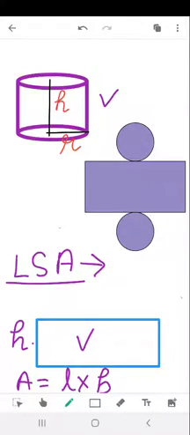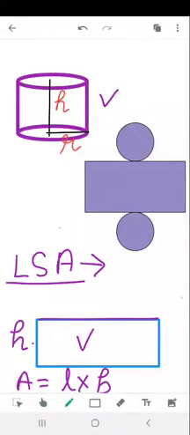Now what is the length of this rectangle? When I look at this figure, this particular side is the length of the rectangle. When I cut it open, this will make the length. Now what is this? This basically is the boundary of the circle. And what is the boundary of a circle?